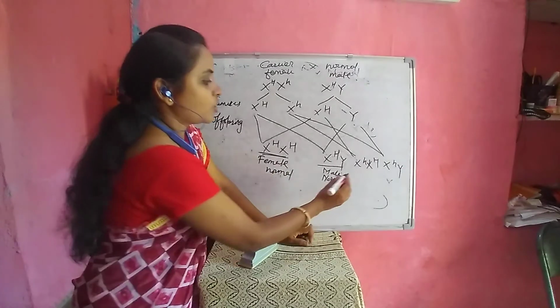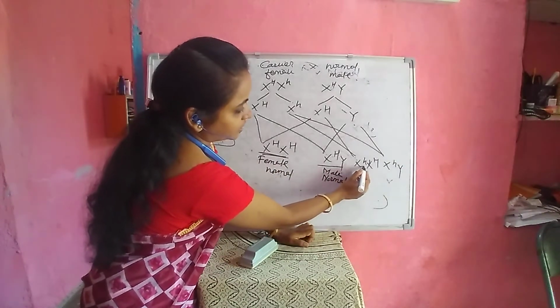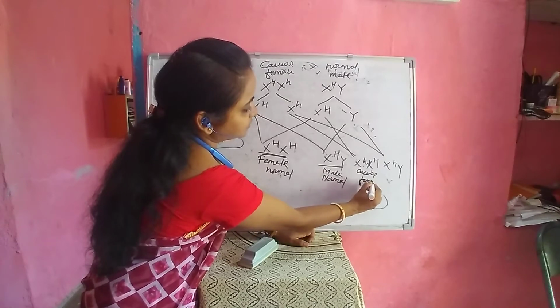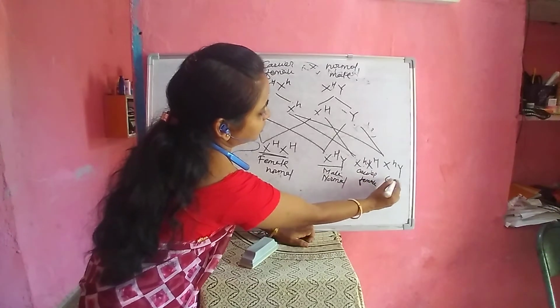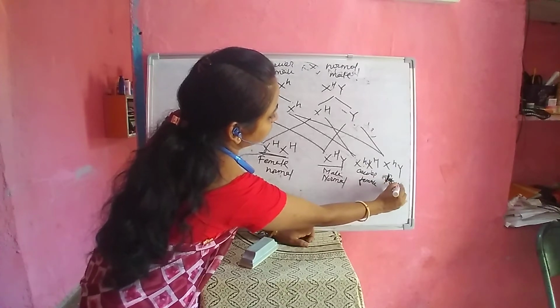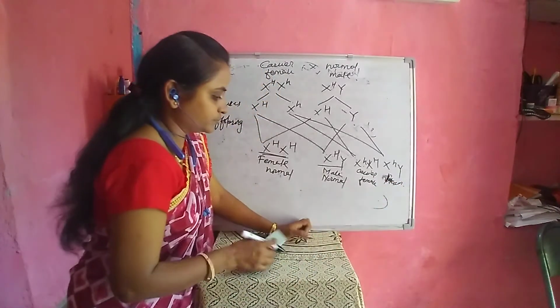Then small h and capital H means a carrier female, and the last one is a fully hemophilic male.